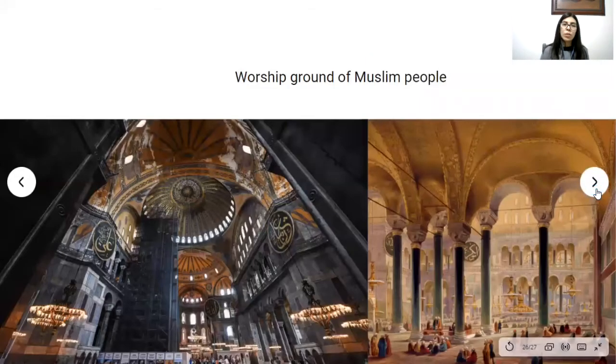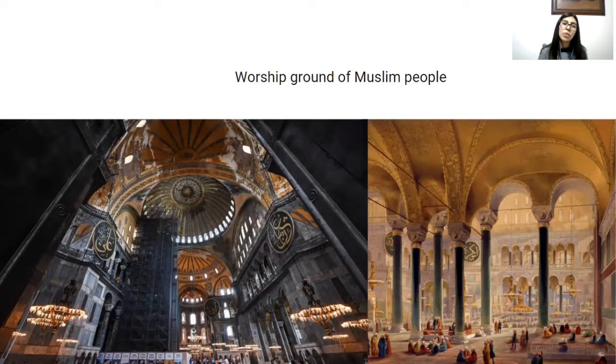In my personal opinion, it results very interesting to know that the Hagia Sophia was initially a basilica for the church, and then with all the changes and all the influence from different emperors, it has become a place of worship.